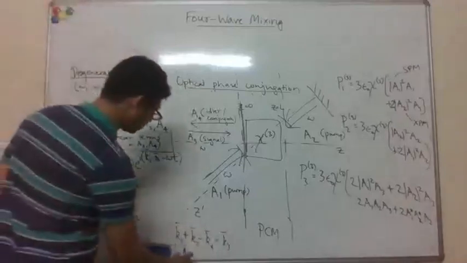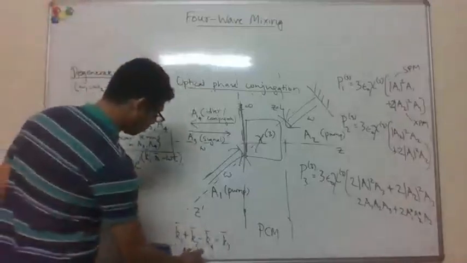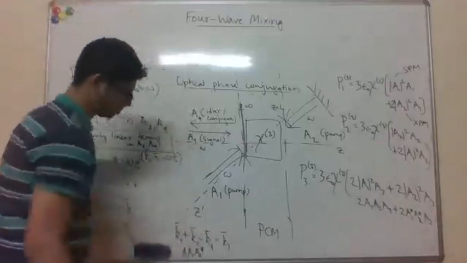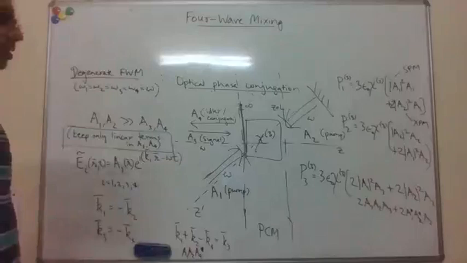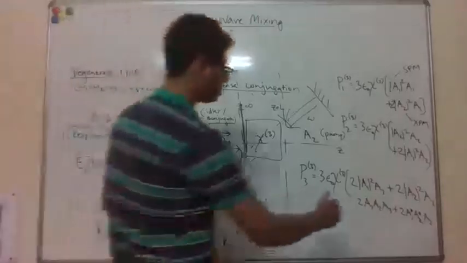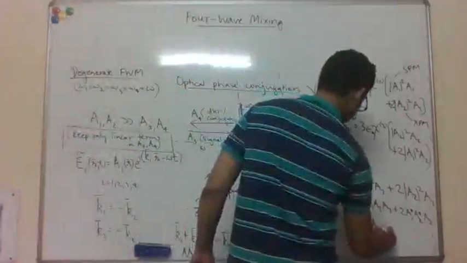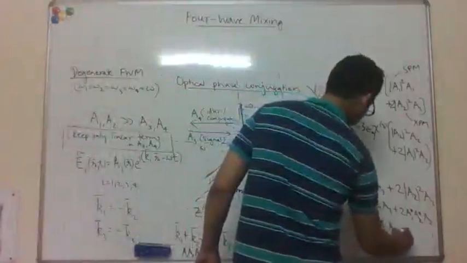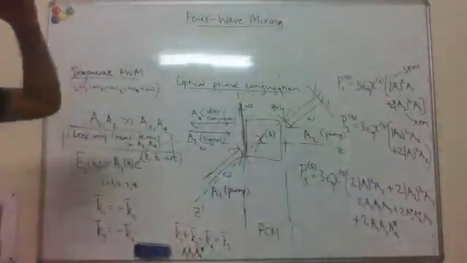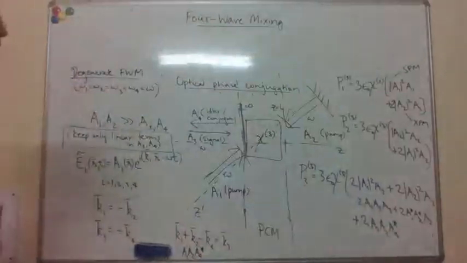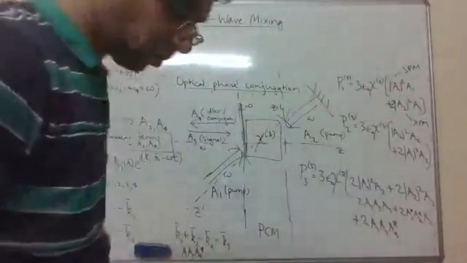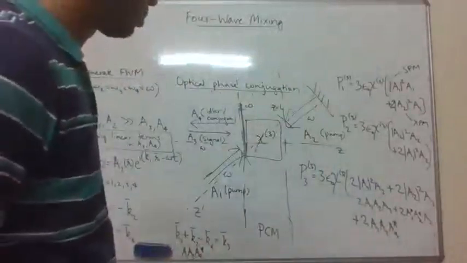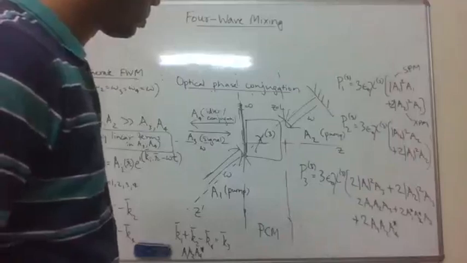So this would be A1, A2, and A4 conjugate. So minus K4, right? So I could have A1, A2, A4 conjugate. Is that clear? In this case, A3 should equal A4, then only this term will be considered, right? A1, A2, A4 conjugate, the bottom one, sir.